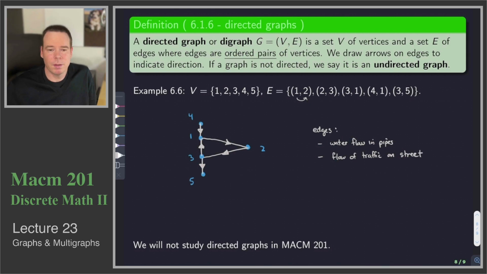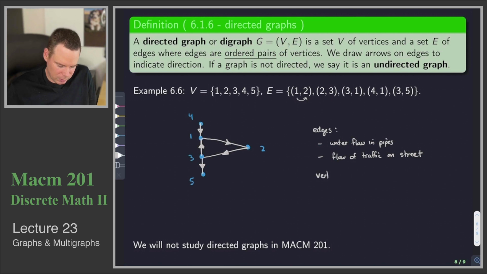So something where there's something traveling from one vertex to another vertex, and the direction it is allowed to travel along that specific edge has a specific one-way direction. It can only move in that direction. So this is water flow in pipes. You may imagine pipe flows going downhill or something like that, or there's a pump that's pushing the water through these pipes in certain directions, and so we need a direction associated with that.